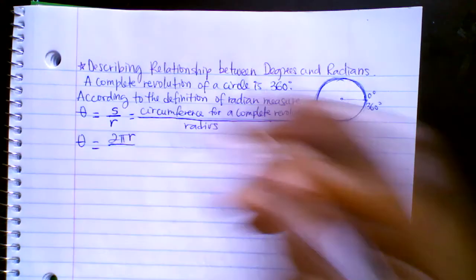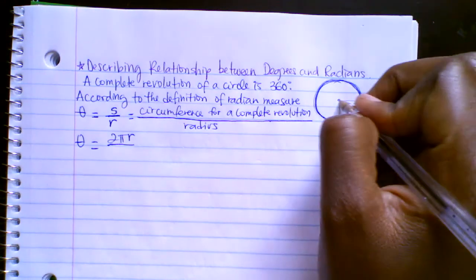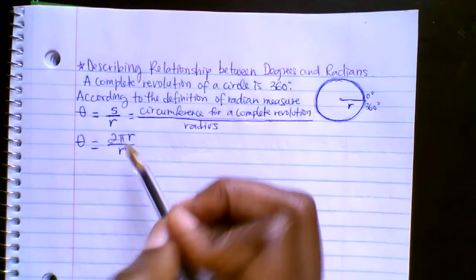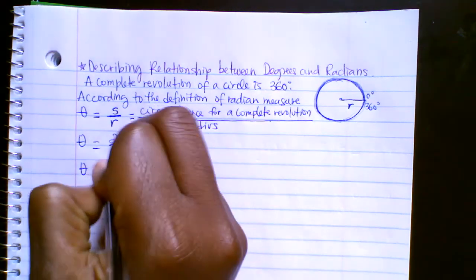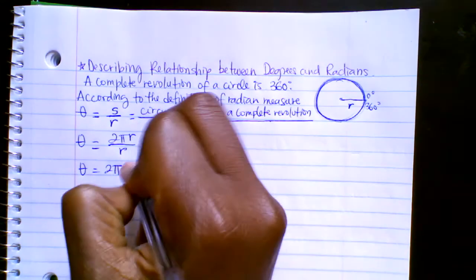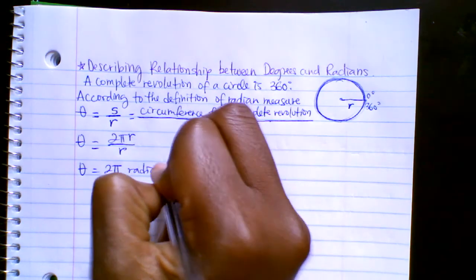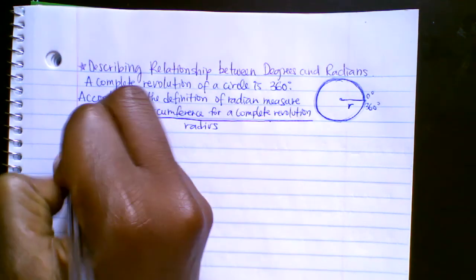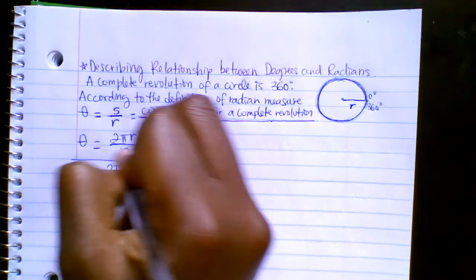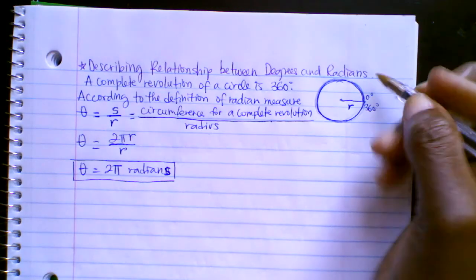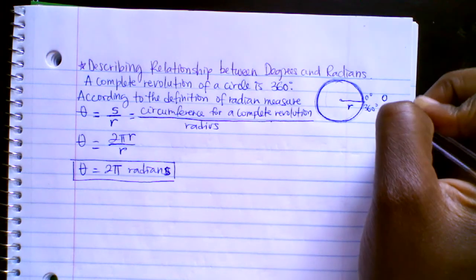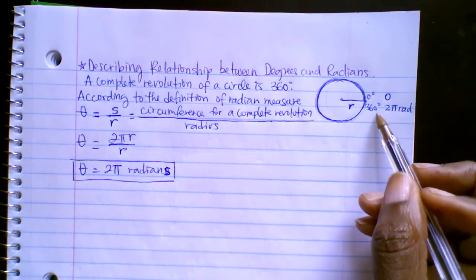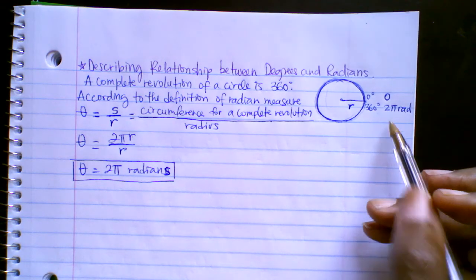And what is the radius? The radius here is just r. A number divided by itself simplifies to 1. So you're left with 2 pi radians. So for a full rotation, it's 2 pi radians.